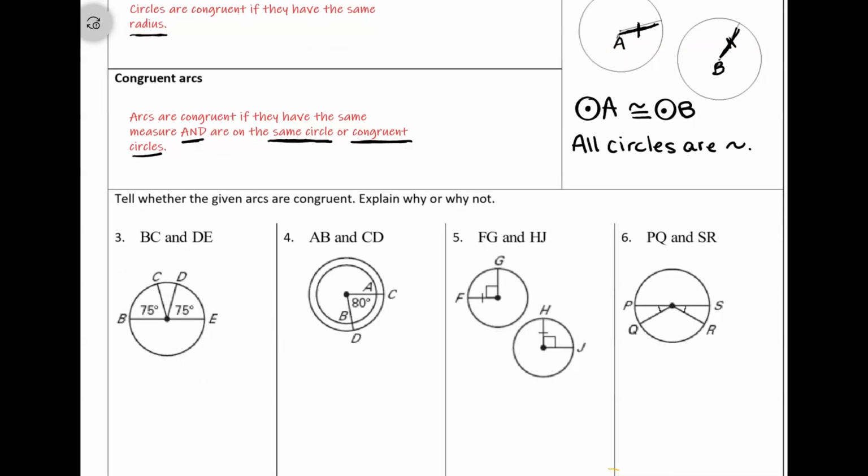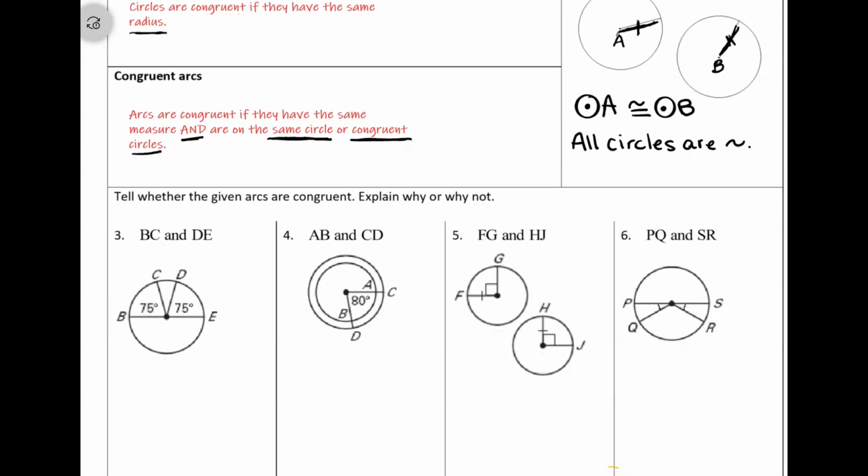So I've given you 4 examples here at the bottom, and it says tell whether the given arcs are congruent and then explain why or why not. Looking at number 3, my arc measures are not there, so let me add those in. Number 3 says arc BC, which is here, and arc DE.